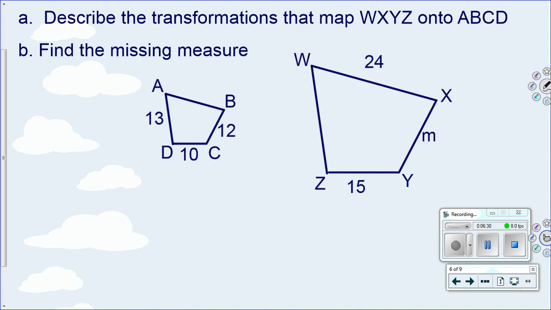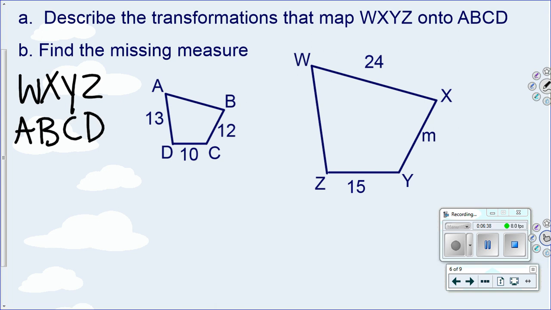Next thing we need to look at is the statements and find the corresponding sides. So I'm going to write the statements just like this, one on top of the other one. We are finding M. We now have to find a side. So that's where I want you to start.